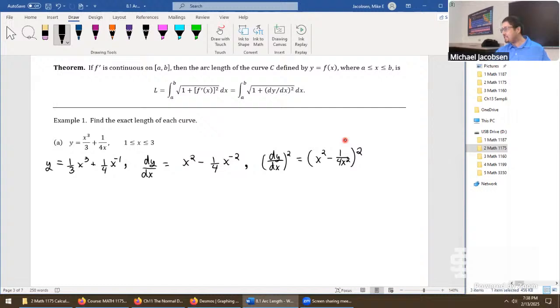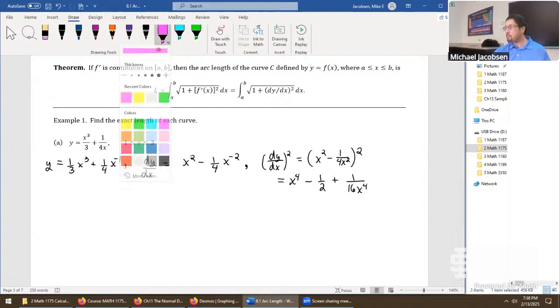So we'll square all that, and we'll get, let's see here, x squared squared, so x to the power 4. When we FOIL and multiply here to here, we just get negative 1/4, and we get it twice. So negative 1/4 minus 1/4 is negative a half. Then finally, last thing, this quantity squared, so that'll be plus 1 over 16 x to the power 4. So we've got the derivative squared.